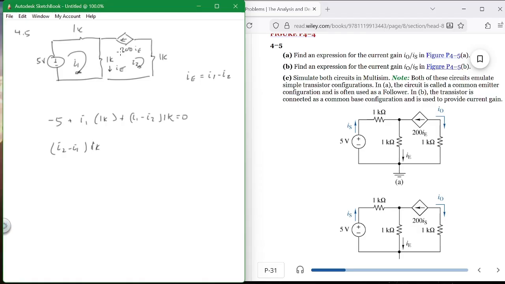Well, anybody got any ideas? Because I don't know the voltage across there, do I?